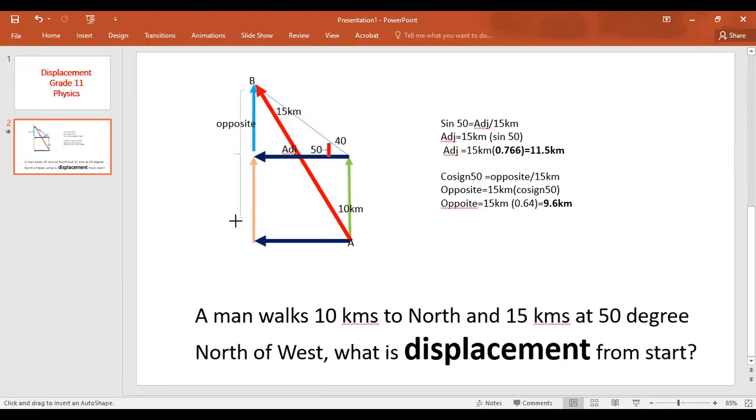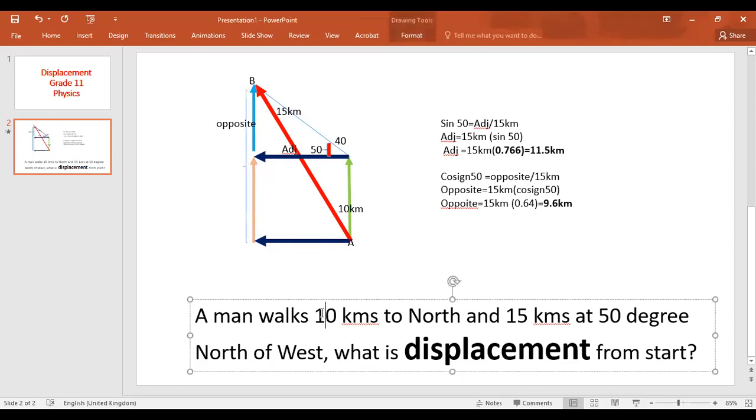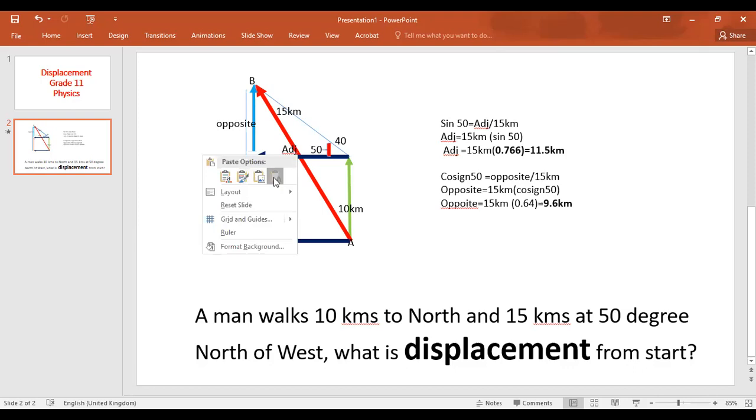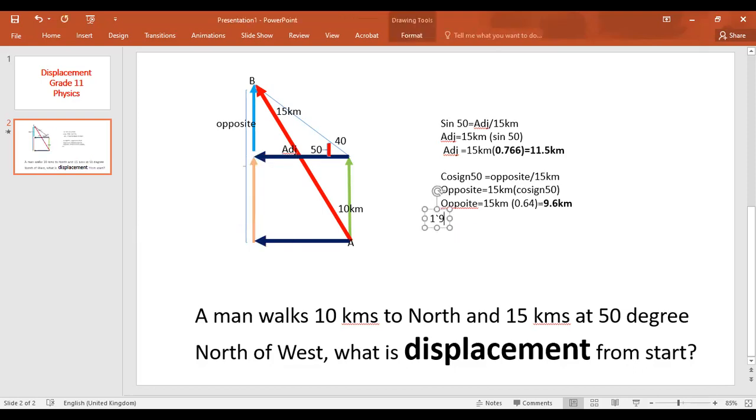This distance is 19.6, which is equal to 10 plus 9.6, equal to 19.6 kilometers. This is the total distance here.